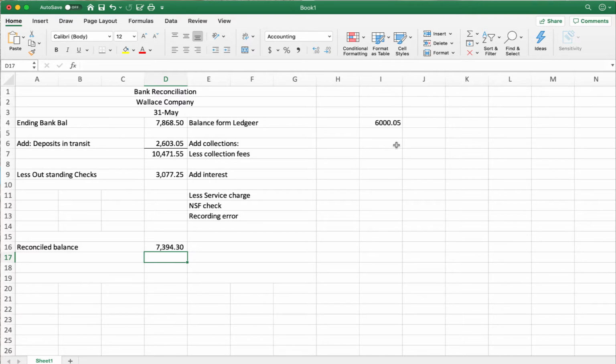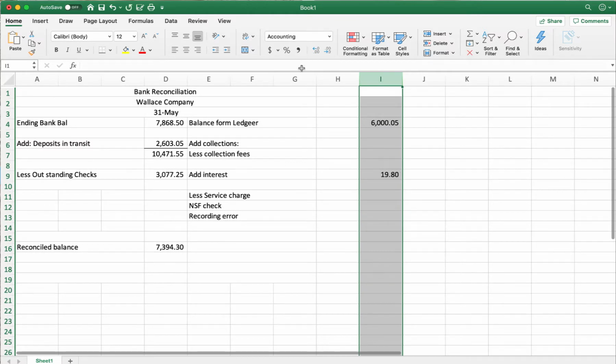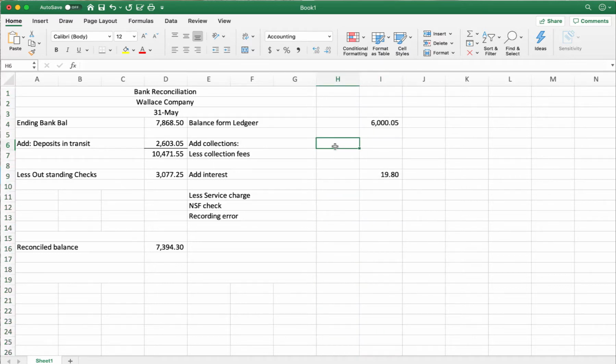Okay, and we can get that from the details of the bank statement. So we have interest earned. We have $19.80. Okay, we earned interest during the month. The bank has that added to their balance on the bank statement. We do not. We need to put that in there. Okay, so that's number 3.